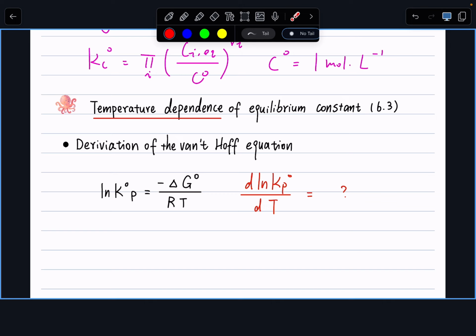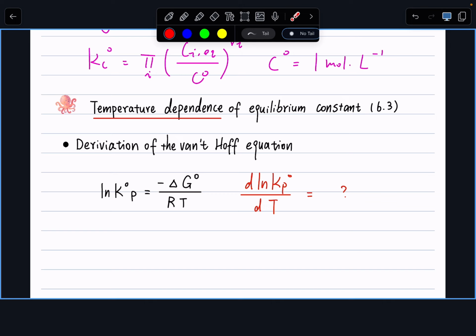First, let's separate this negative 1 over RT term from my delta G. Obviously we can use d(xy) equals x dy plus y dx. It's just very simple calculus. Using this relation, we can rewrite it: let's say delta G naught is my x, and negative 1 over RT is my y.